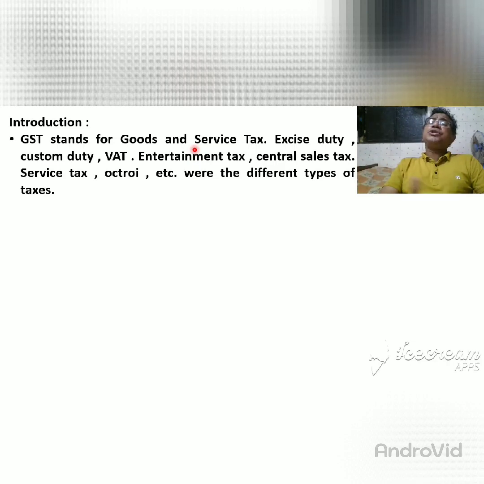So before GST, which taxes were there in India? Before GST there were excise duties. Means suppose you buy something from the international level, then you must pay tax, that is called excise duty or customs duty.